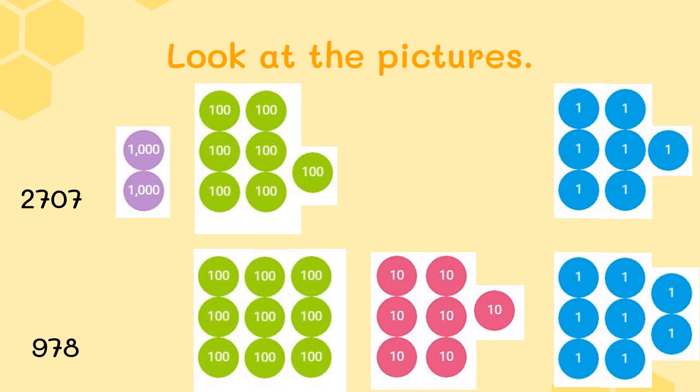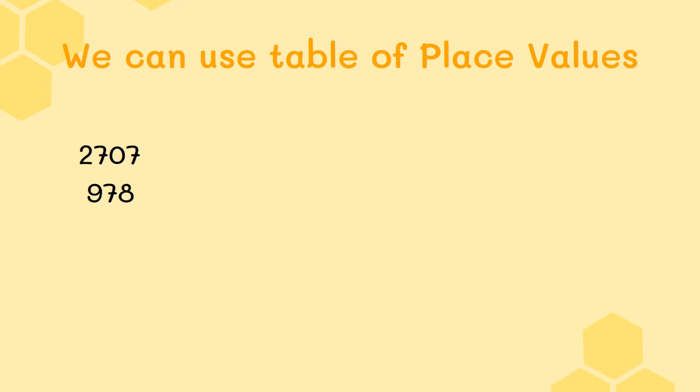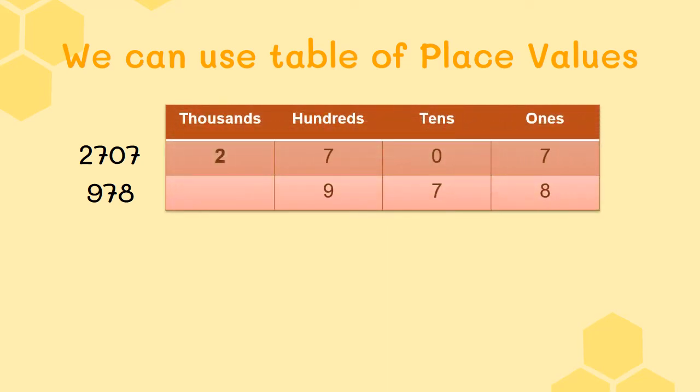Okay. To make it easier again, we can use also table of place values. Look at the table. 2,707. Down 978, so only 978. First, compare the thousands. The up number has 2 thousands. Down number no thousands or 0.